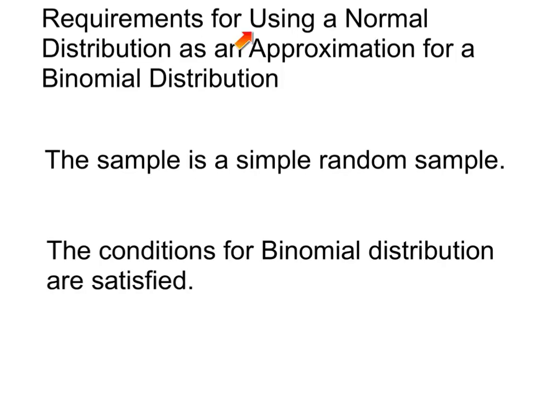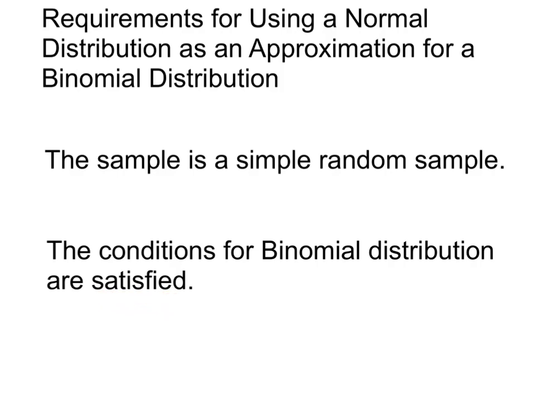The requirements for using a normal distribution as an approximation for a binomial distribution are the following. The sample must be a simple random sample, and the conditions for a binomial distribution are satisfied.